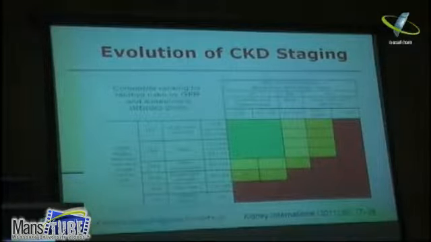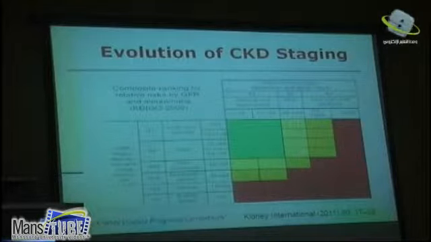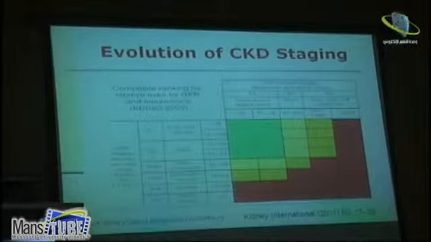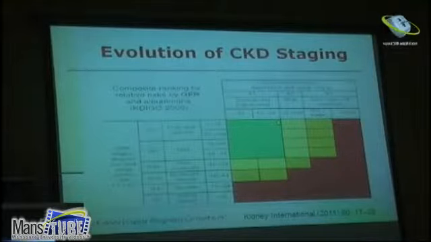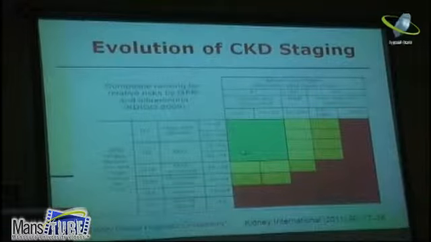And this is just to simplify the issue, and this adds to the complexity of classification, as Professor Nahas mentioned. Here, stage 3A and B, according to GFR: between 45 and 60 is 3A, 30 to 44 is 3B. And if you look at this slide here, the green column denotes albuminuria below 30 milligram per gram creatinine. You can consider this green column as persons at risk and not CKD.